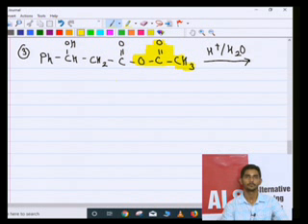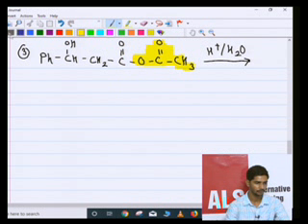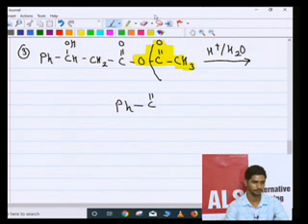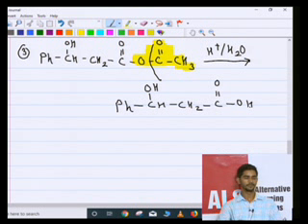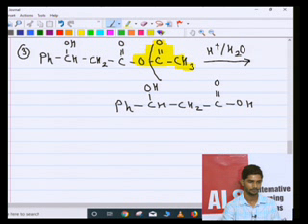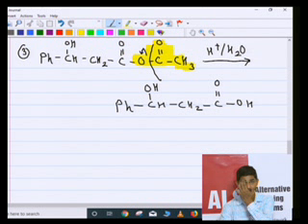This group will release from here and you will get this one. In this step, this bond will shift over here and you will get a negative charge and H plus will be attached to that, and after that you will get this acid.